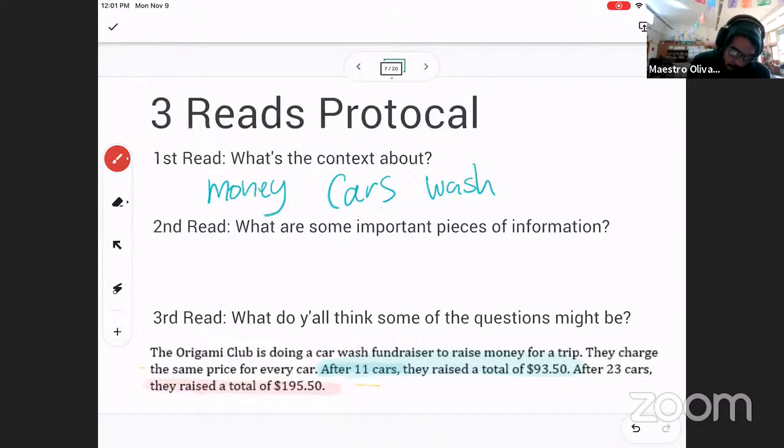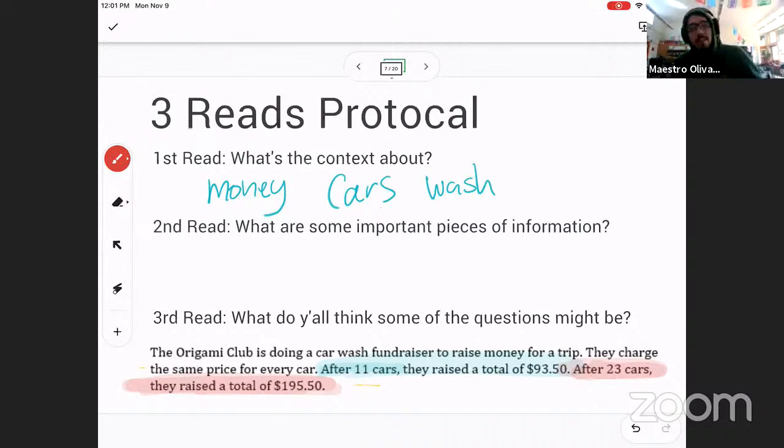And that's after how many cars? 23, yes. So two pieces of information here. 11 cars, total of $93.50. And after 23 cars, $195.50.